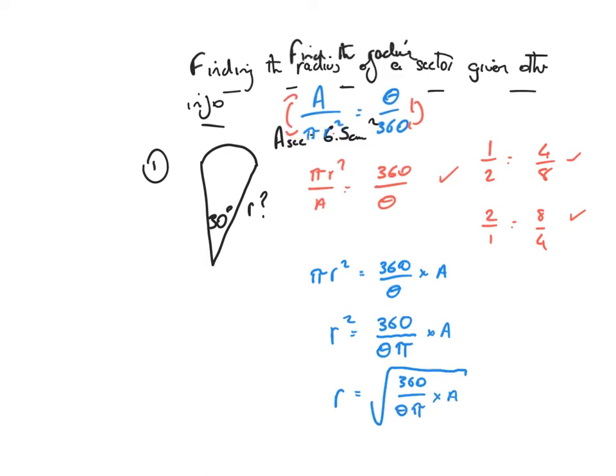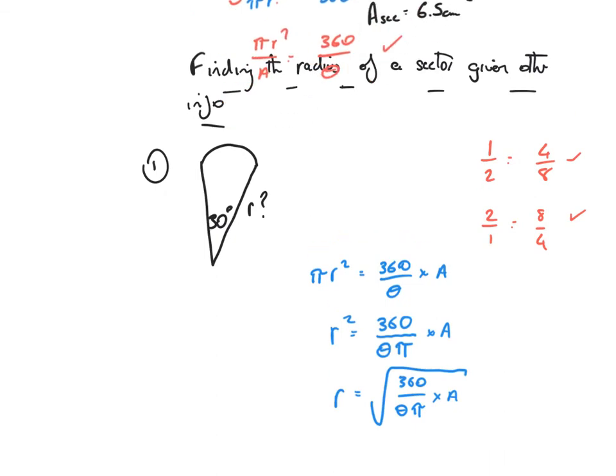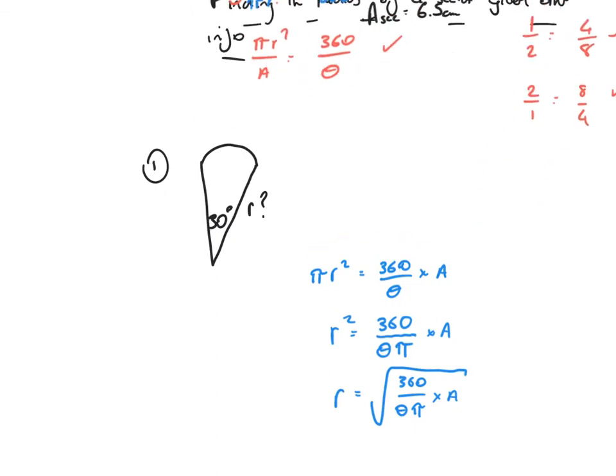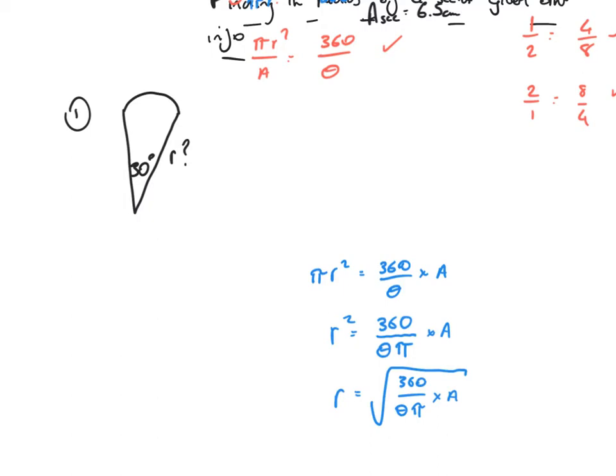Okay, now after I've done that work, I'm in the position to put some numbers in. I should have given some information to go in with the question. So for this question, the area of the sector is 6.5 square centimetres, and we do know that the angle inside is 30 degrees.